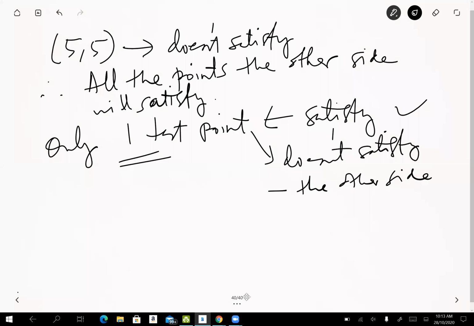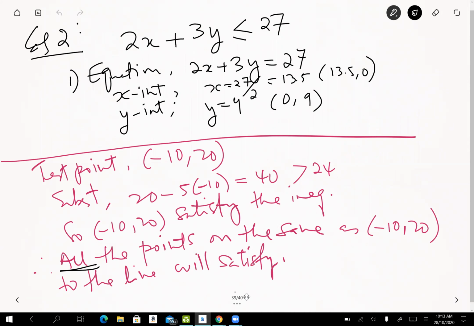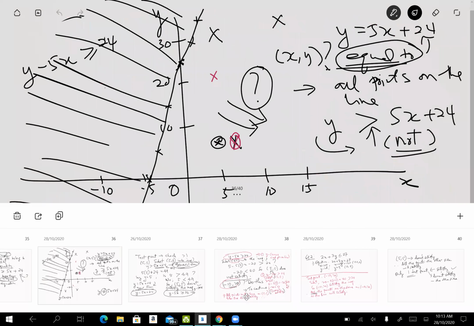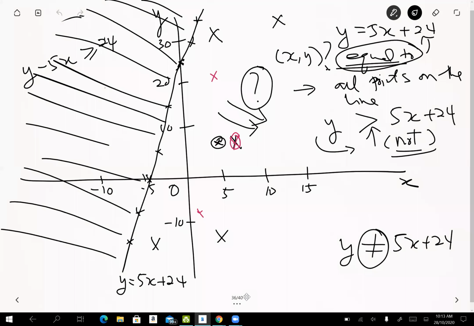So the intercepts are (0, 9) and (13.5, 0). Okay, everybody got the line? So I want you to go back to the graph and put that here. Okay, use the same graph. So what I'll do, I will clean up this board, because I need to draw another graph.